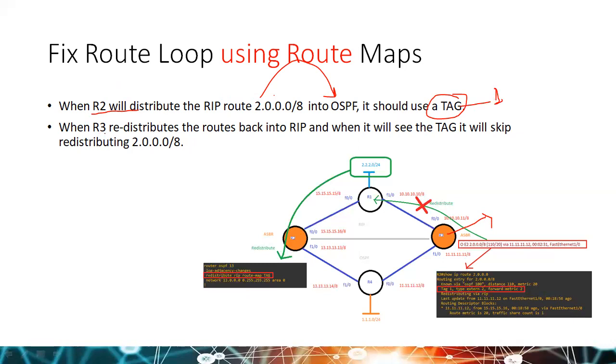And when R3 tries to redistribute the same network into RIP again, if it sees that tag, it will skip the redistribution. It's pretty simple, right? So we just have to stop this 2.0 redistribution into RIP just by tag. Simple, isn't it? And we can view the tag with show ip route and the network name, and we can see whether any tag is associated or not. It is very simple.